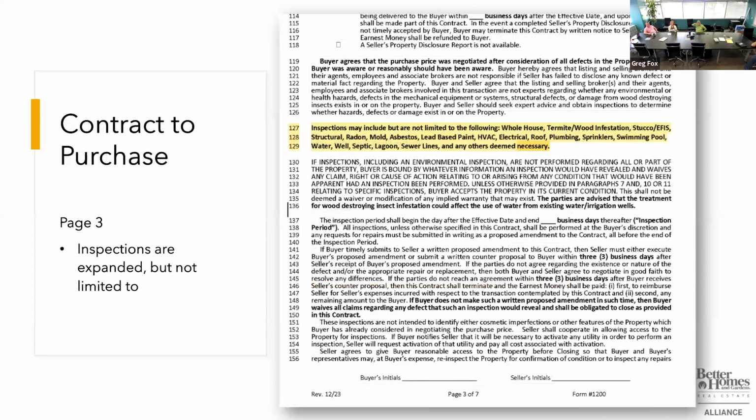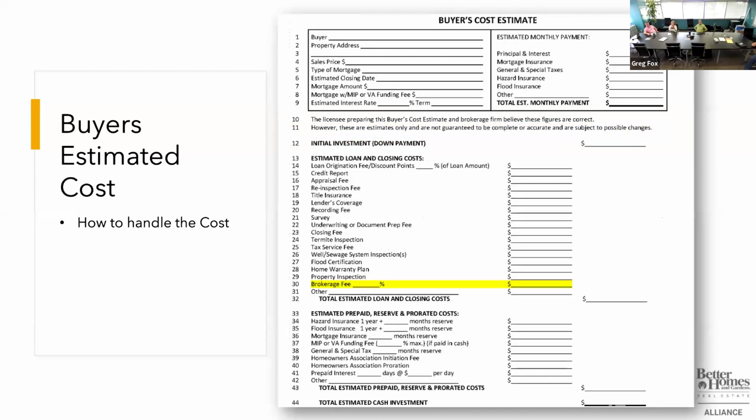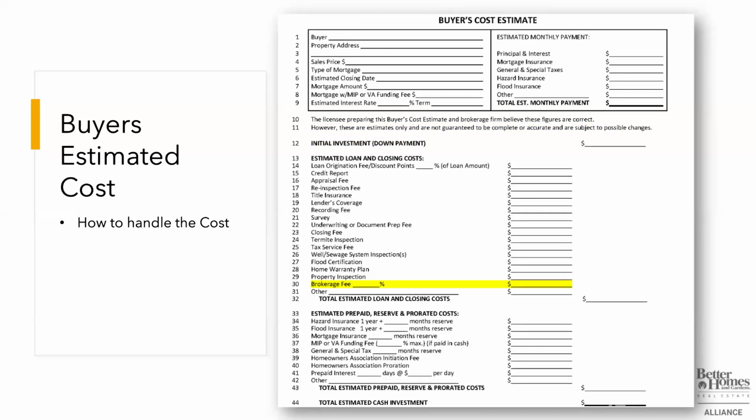Okay. Hey, Greg. Yes, sir. Going back to that brokerage fee, roll back a page. There you go. So would that typically be 3% on there, or would that be like a net number? If we know that the seller is only offering to pay 1%, but we need to be paid 3%.